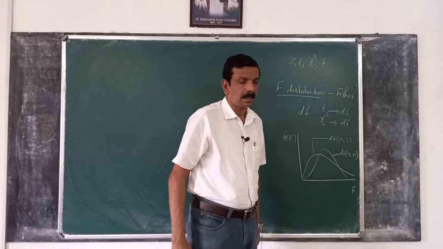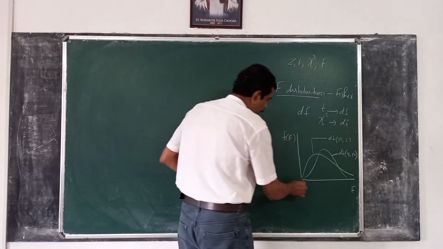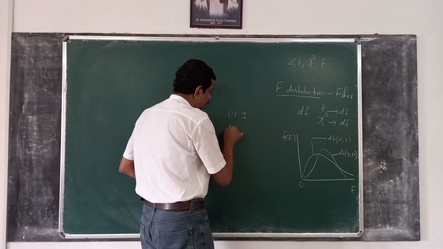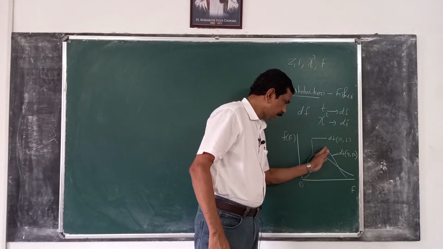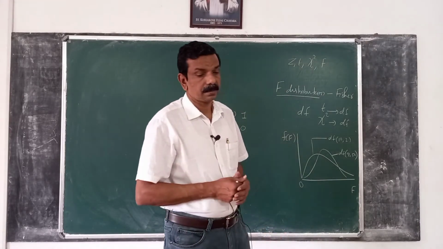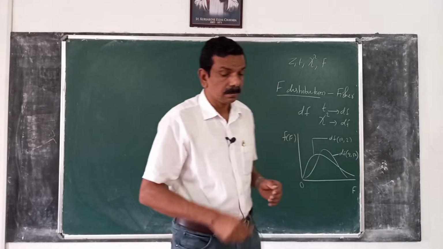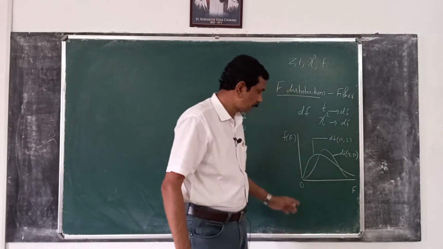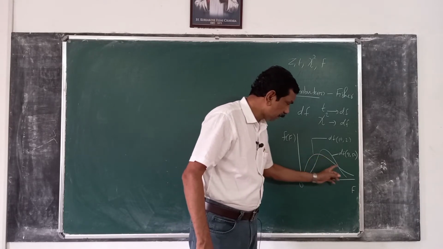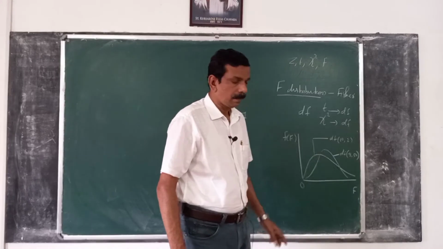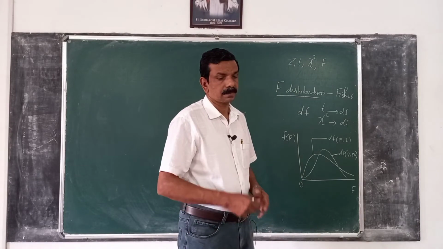Second, the F curve starts at 0 and extends infinitely towards the right, approaching but never touching the horizontal axis.